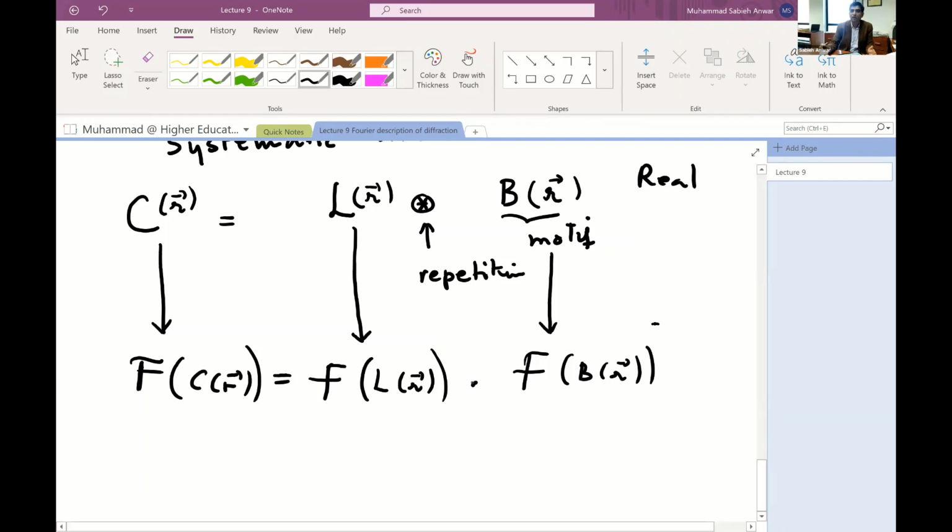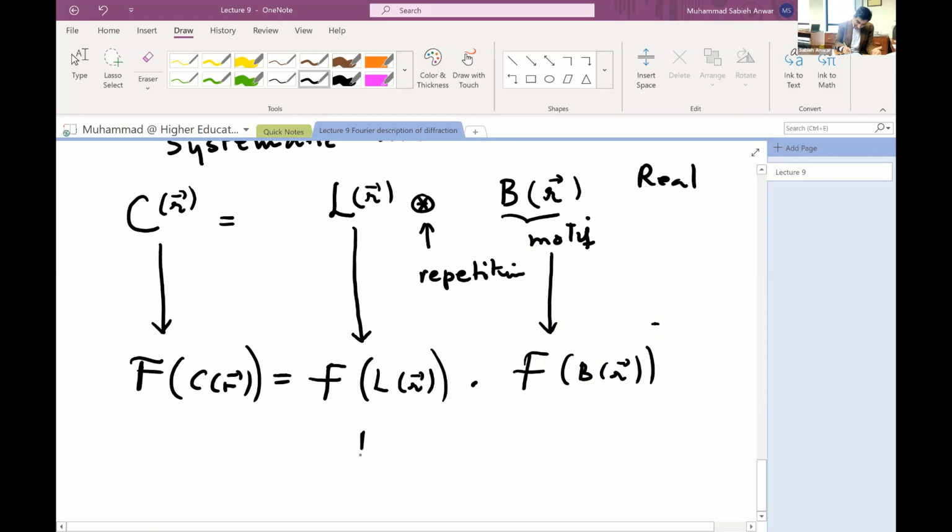So the convolution in the real space becomes a multiplication in the Fourier space, and a convolution in the Fourier space, by the way, becomes a multiplication in the real space. Now, when we transform from one space to another, the variables change. So instead of R in the Fourier space, I get a new variable which is proportional to 1 over length, and this is actually called the K space or the reciprocal space.